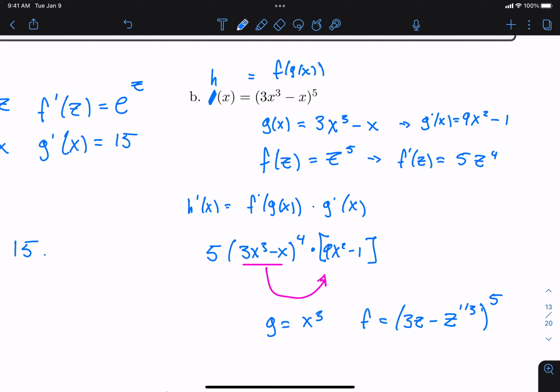If you plug g into f, you get back our original function. But this would be a really bad way of choosing your g and your f for the following reason. Yes, I know how to do the derivative of x cubed, but I do not have a clue how to do the derivative of something like that, okay?